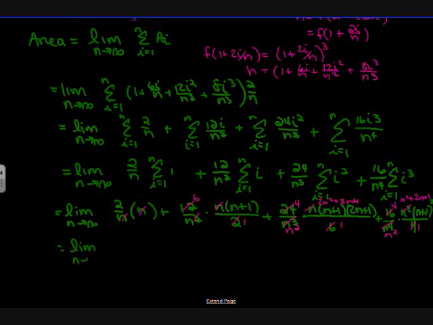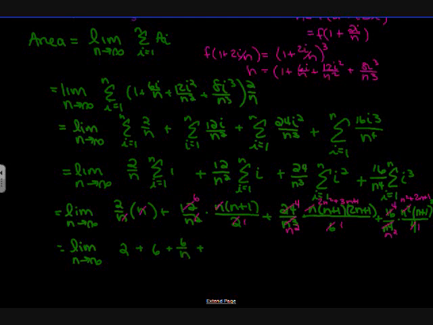So we have the limit as n goes to infinity. I have left over here, I have 2. In my second term, I have 6 times n over n, so that is just 6. And then I have 6 times 1 over n, so that's 6 over n.